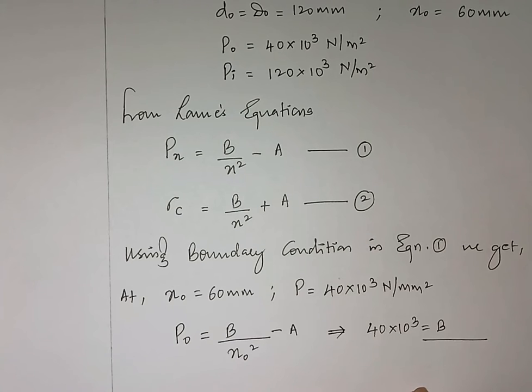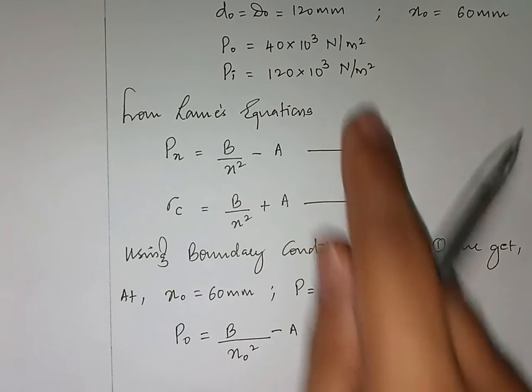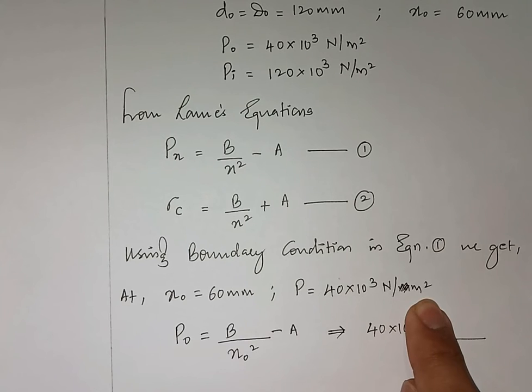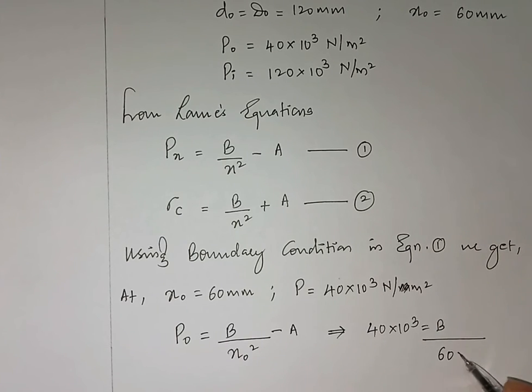Okay, so X naught is in mm, whereas pressure is in meters. Here I have made a mistake. So this is in Newton per meter square. Pardon, I have written it wrongly. So where X naught is in mm, you need to convert it into meter. So it is 60 into 10 raised to minus 3, the whole square, minus A. So this you can take as equation number 3.